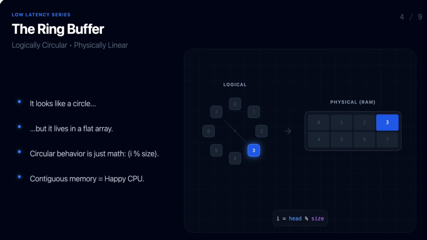Okay, now that we know why queues matter and what SPSC is, let's talk about the underlying implementation of SPSC, and it's done by ring buffers. So ring buffers are basically a circular data structure, but physically they are just linear arrays in memory. The buffer itself is contiguous, which means predictable memory access and good cache behavior.